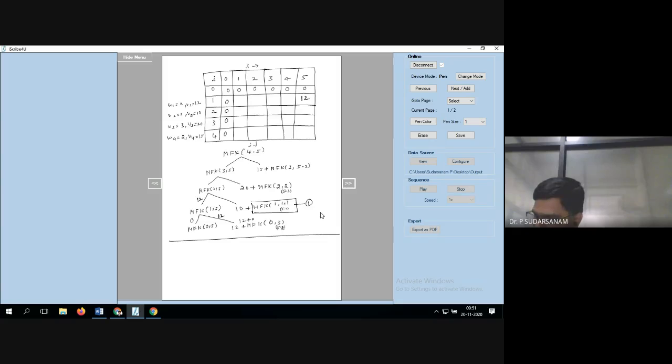MFK of 1 comma 4. Again the same thing, MFK of 0 comma 4 on the left hand side. On the right hand side, V1 is 12 plus MFK of I minus 1, 1 minus 1 is 0, j is 4, w of I is 2, 4 minus 2.